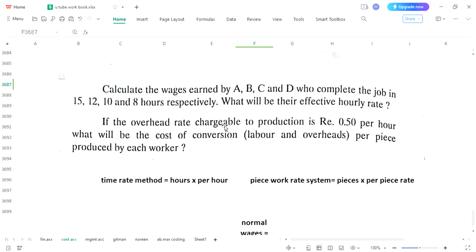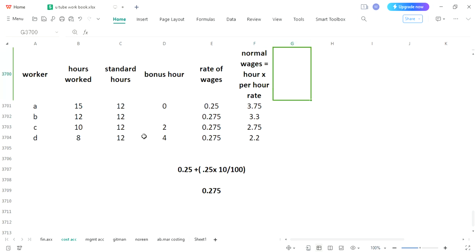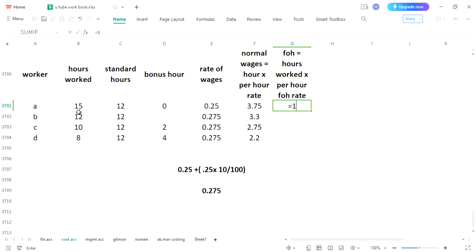If the overhead rate chargeable to production is 0.5 per hour, it means we need to calculate FH as well. For FH, it has been said hours worked would be multiplied by per hour FH rate, which is given in the question. So hours worked, look at here, 15. One second, we'll have to see where the FH rate is.